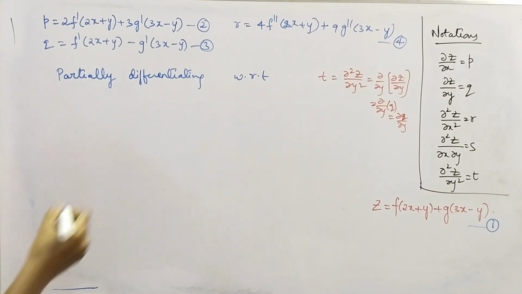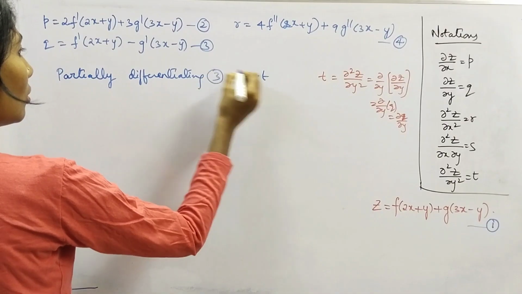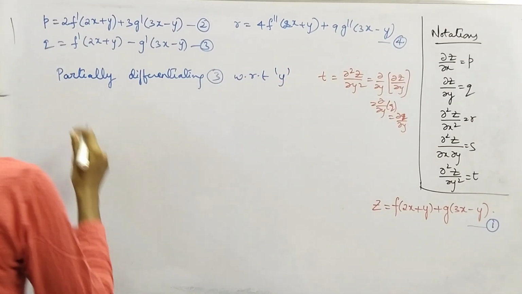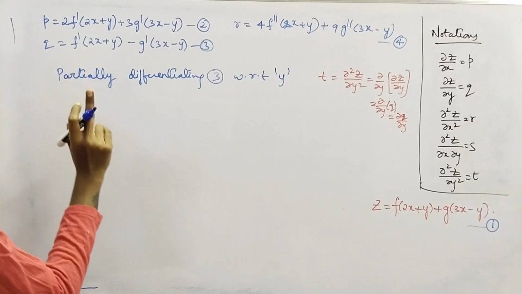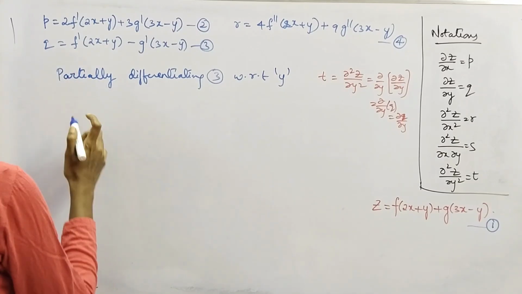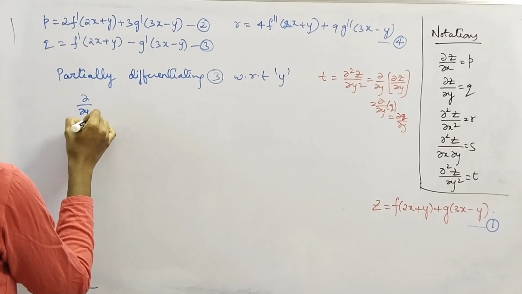Partially differentiating 3 with respect to y, just apply ∂/∂y on both sides of 3.